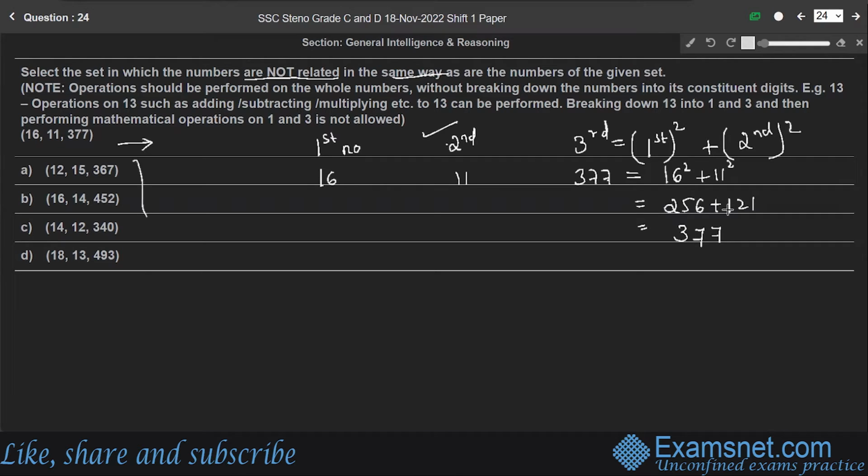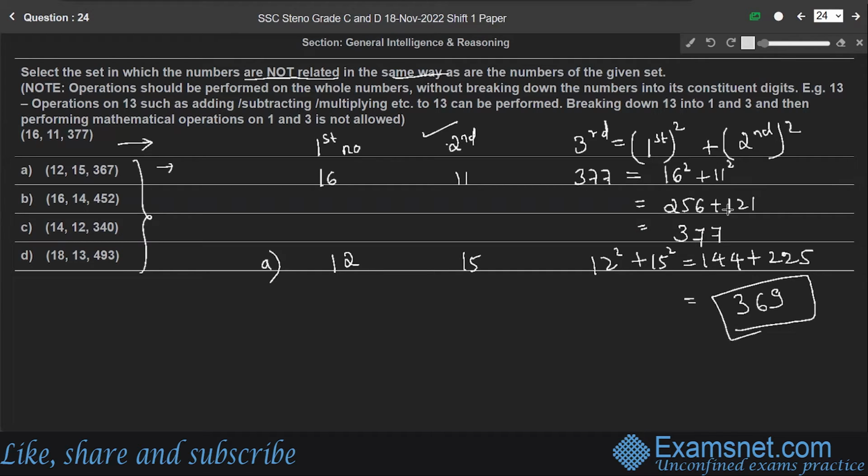Among the 4 options, which option doesn't follow the logic of the given set? For that, we'll consider option A. Option A: first number 12, second number 15, third number 367. It should be equal to 12 square plus 15 square. 12 square is 144 plus 15 square is 225. Their sum is 369, right?